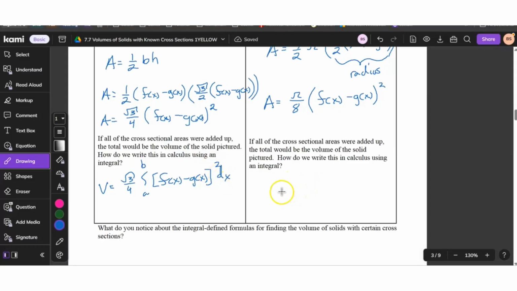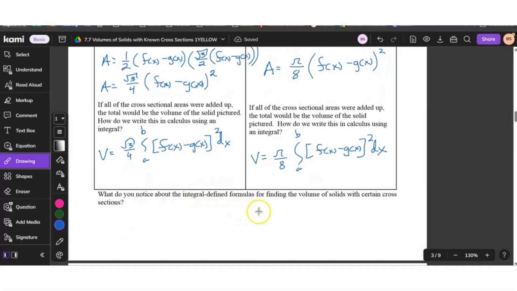And over on this side, it's the same idea, except that now it's pi over 8 that comes out, the integral from a to b, and once again, f of x minus g of x squared dx. Because again, the whole point is to figure out what we need for those coefficients, and then the inside is going to stay the same. F of x minus g of x squared. That's our whole goal.